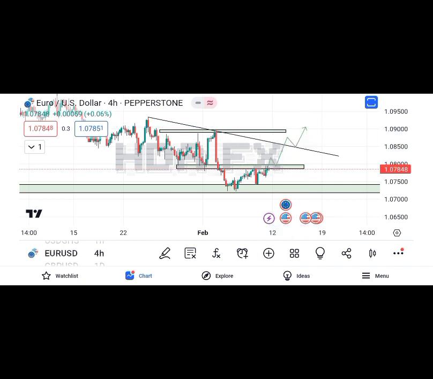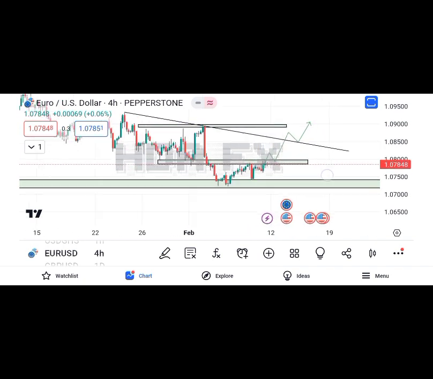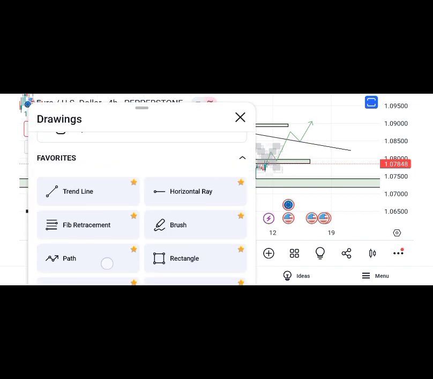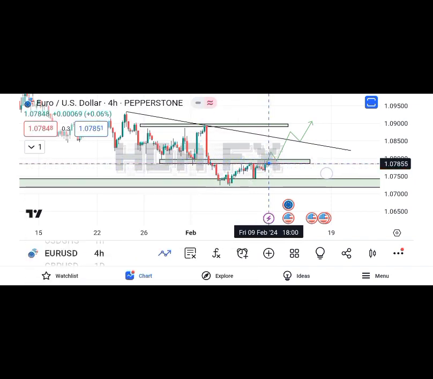And also looking at the sell scenario on EURUSD, now listen to this very carefully. We can wait for price to give us a sell confirming candle.